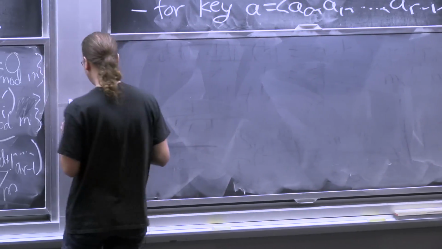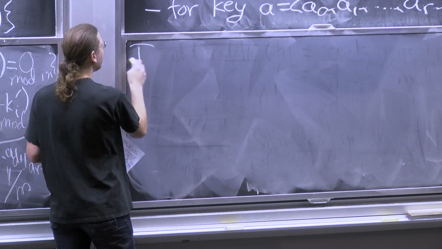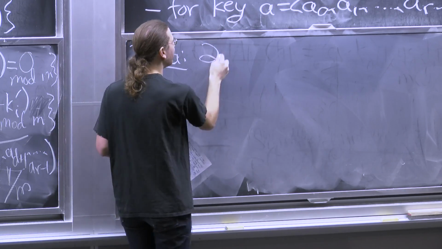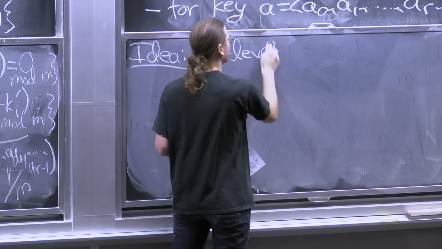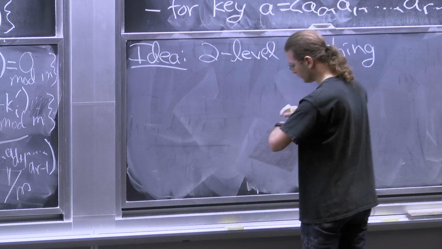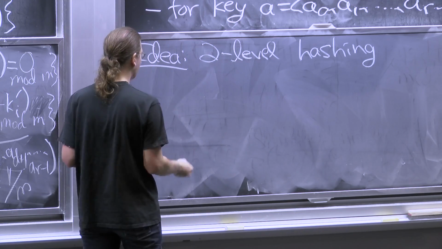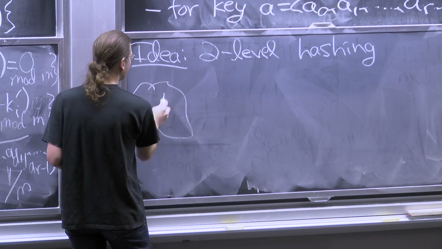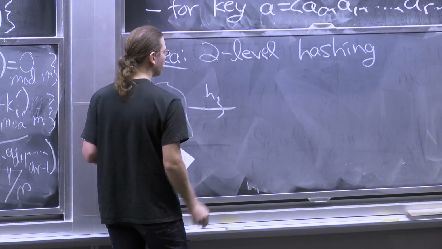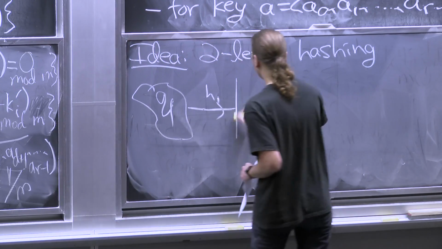All right, so the big idea for perfect hashing is to use 2 levels. Let me draw a picture. We have our universe, and we're mapping that via hash function h1 into a table.